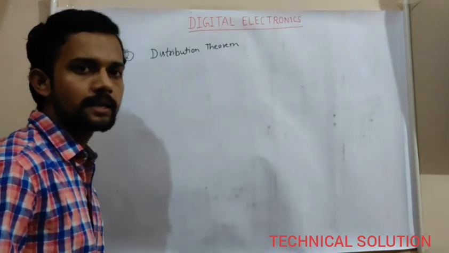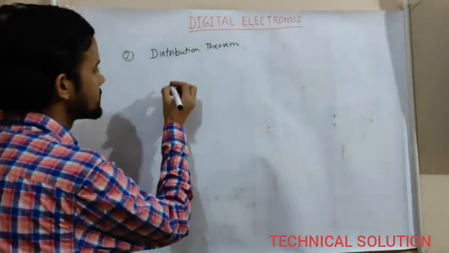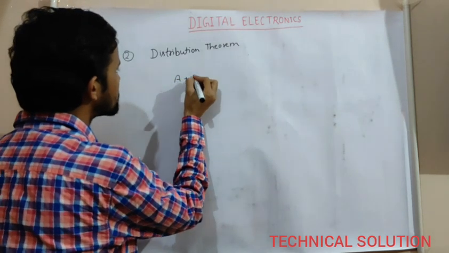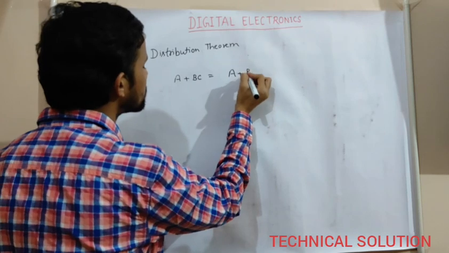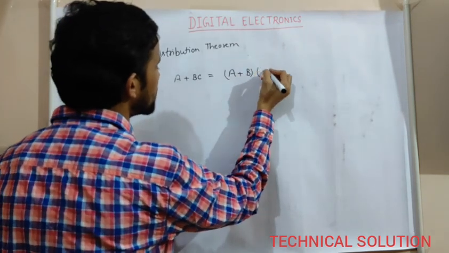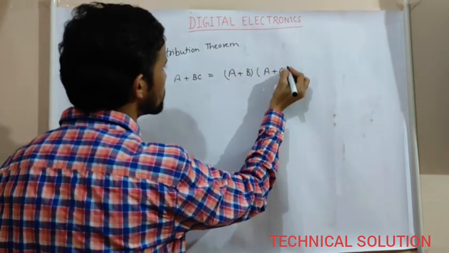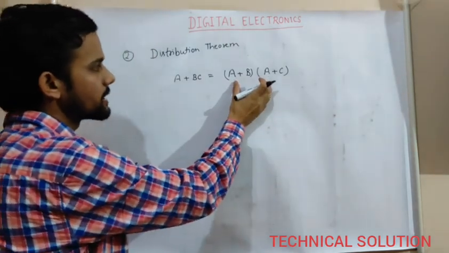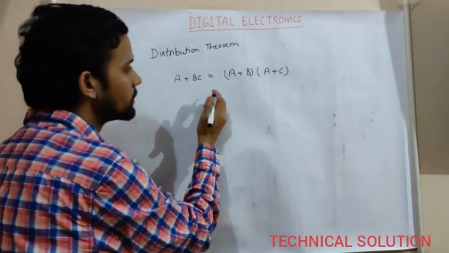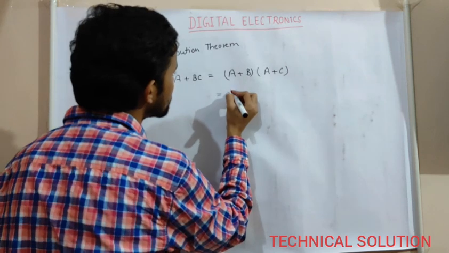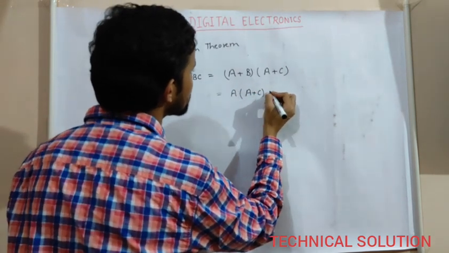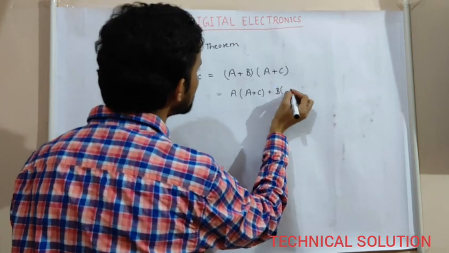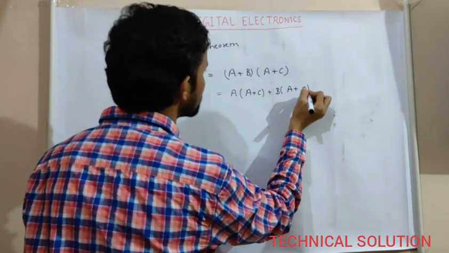And the second theorem is the distribution theorem, which is given by A plus BC equal to (A plus B) and (A plus C). If we solve this right hand side, then we get the left hand side. Solve this: (A plus B)(A plus C).